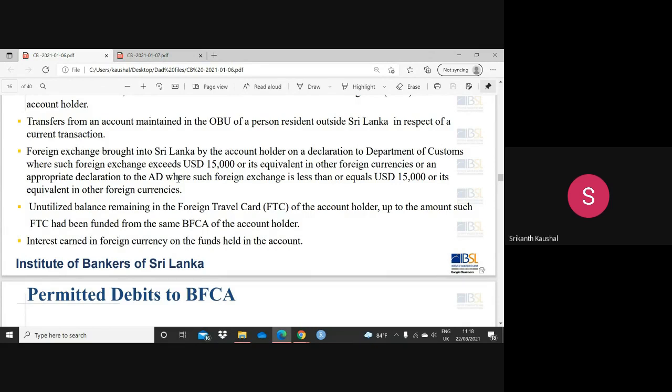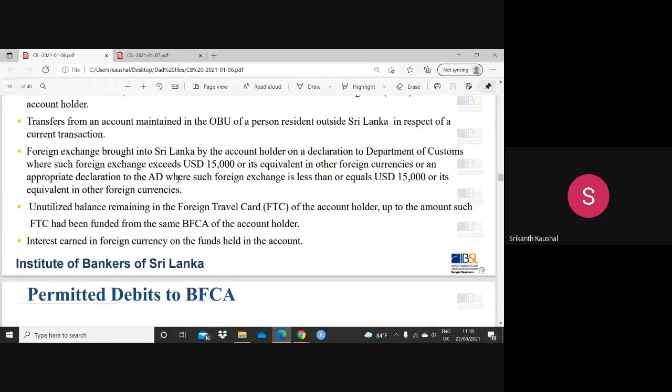So there is no necessity to take an additional travel card, because other than the debit card, you have a credit card, and even that is an international branded credit card that could be used. So it is less used. But even if you take it, whatever you bring back unutilized, you can put back into your PSC account or BSC account.